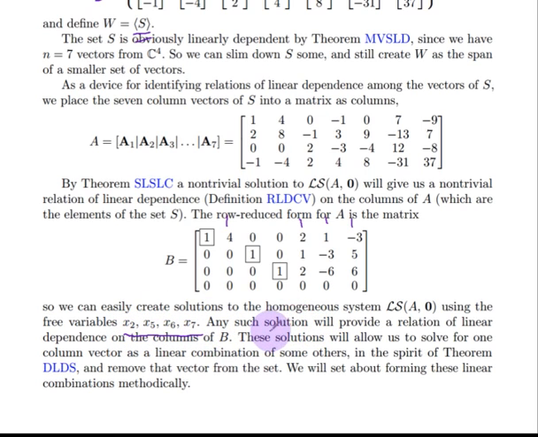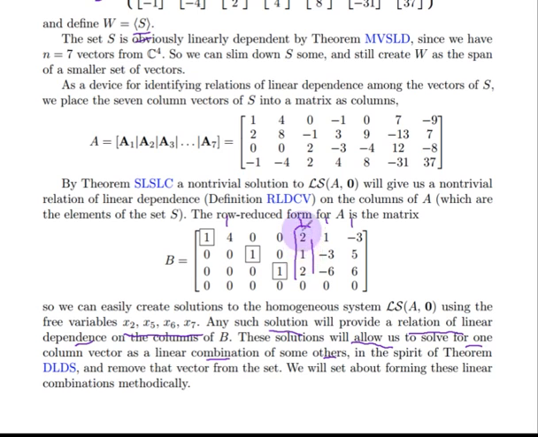Any solution will give a relation of linear dependence, as we've been seeing many times before. These solutions will allow us to solve for one column vector as a linear combination of some of the others. And just to spill the beans, we'll be able to express these columns corresponding to free variables in terms of the other columns.